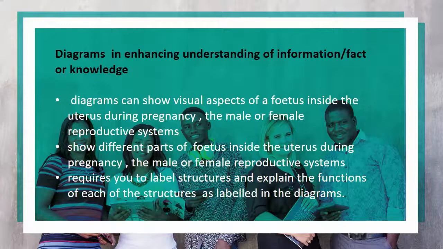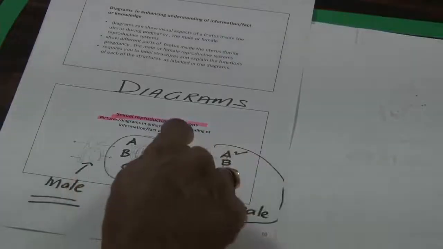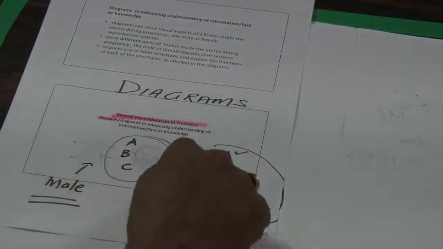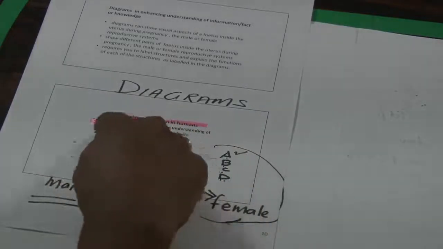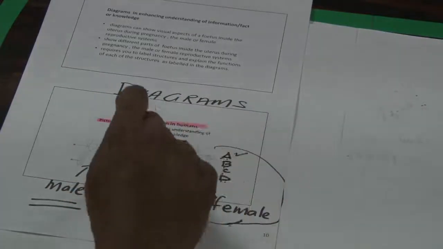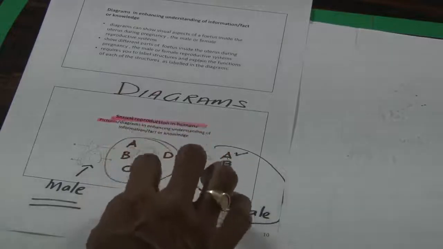The diagrams can show visual aspects of a fetus inside the uterus. If we look at this specific one which I've shown you, you will see that the one in the middle is the one showing the fetus. So this is the fetus inside the uterus.